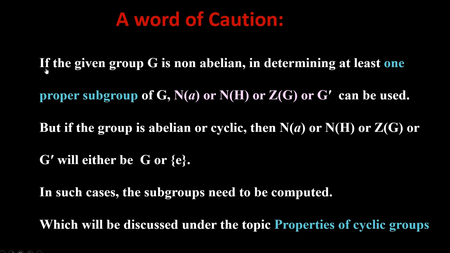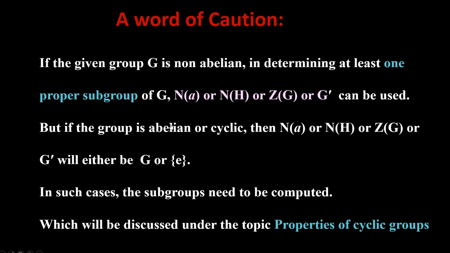Now we notice this, so it is given as a word of caution: if the given group G is non-abelian, then in determining at least one proper subgroup of G, because sometimes in your assignment some group will be given in tabular form, that is, a Cayley table. Then from that you may have to infer so many concepts.